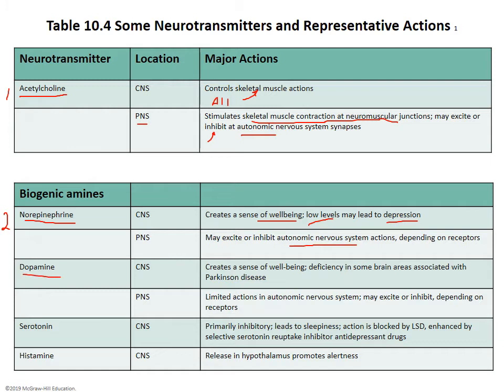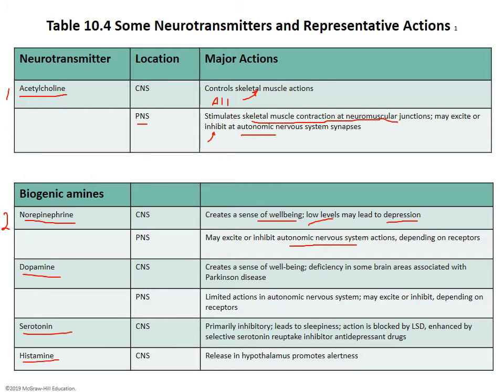Now, dopamine, this is really involved. You'll see later on that dopamine is going to be a big key in Parkinson's, because dopamine is going to help smooth out motor impulses. Serotonin and histamine.